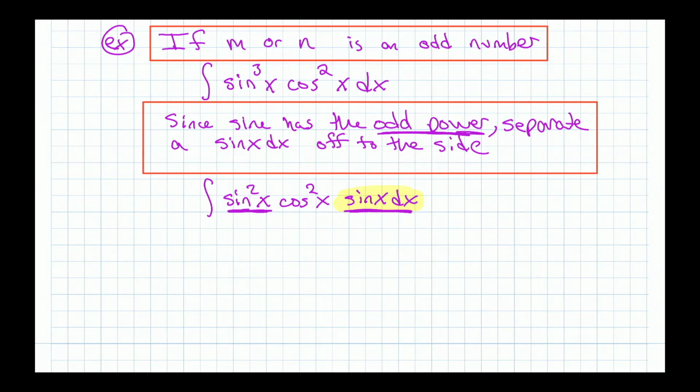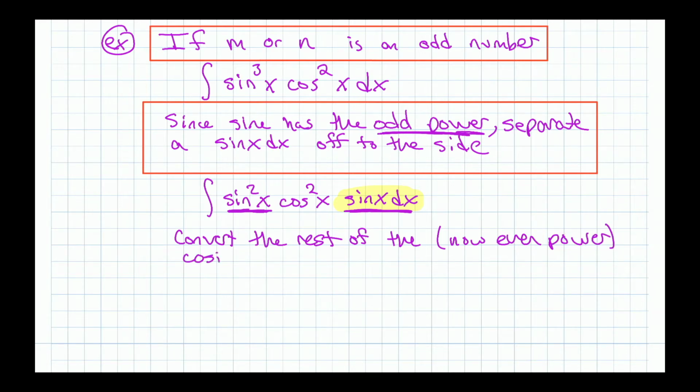So what you want to do now is convert the rest of the now even power sines into cosines using the Pythagorean identity.